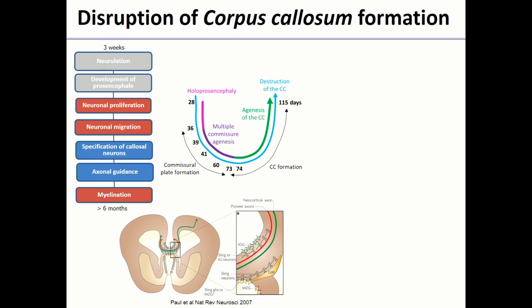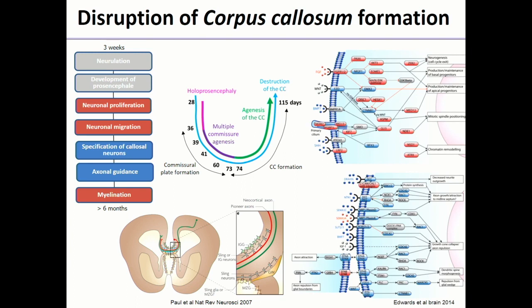If the neurons have not migrated to the right layers, they cannot send out the axons that will form the corpus callosum. Actually, the axons have to go through the midline, and there are several molecules guiding these axons.